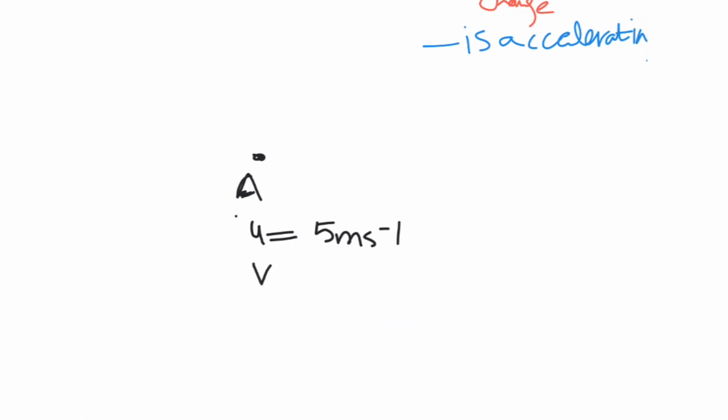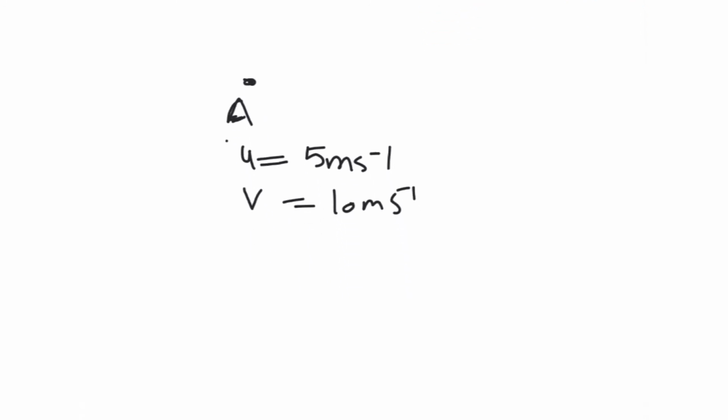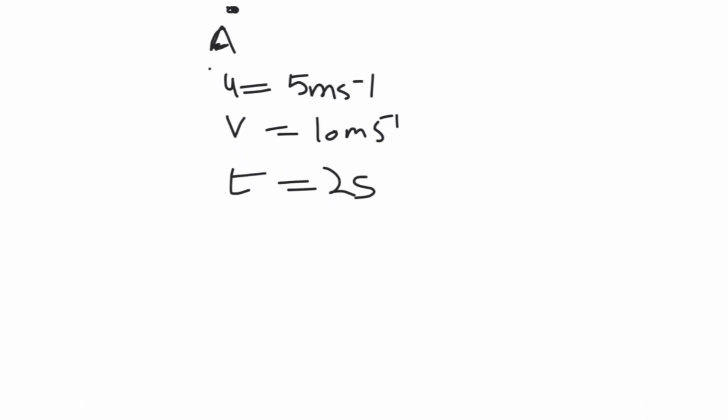So this is represented by v, which is equal to 10 meters per second in a time of 2 seconds. So the time taken for the object to reach 10 meters per second from 5 meters per second is actually 2 seconds. So now they're asking us to calculate acceleration.